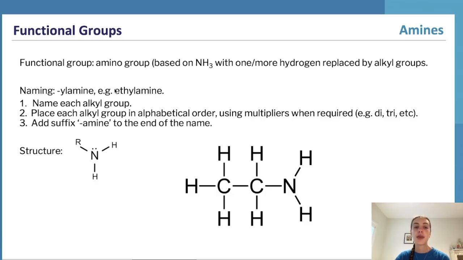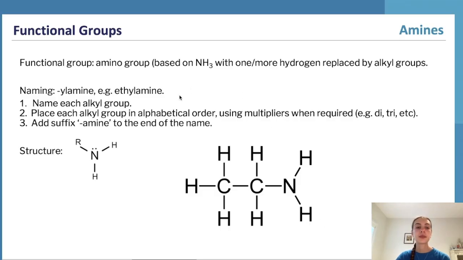So for example, ethylamine being this molecule down here, where we can see we've got 2 hydrogens along here, so an ethane chain, then with the amine group at the end of the molecule. So that ammonia molecule has 1 of the hydrogens replaced with this ethyl chain, and it's still got its 2 existing hydrogens.